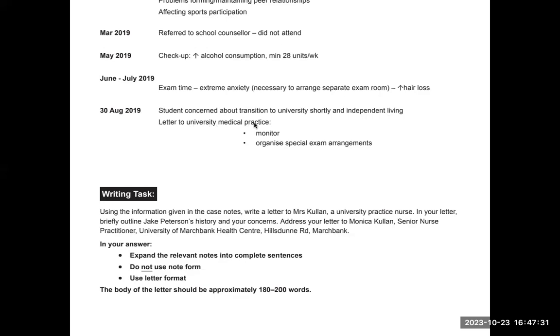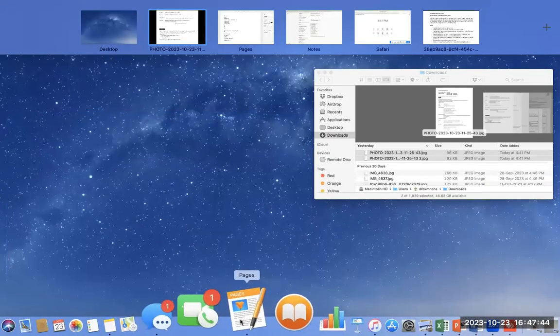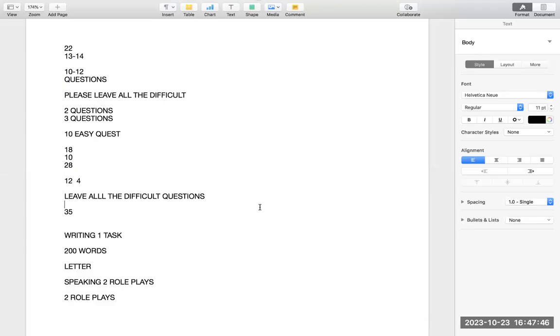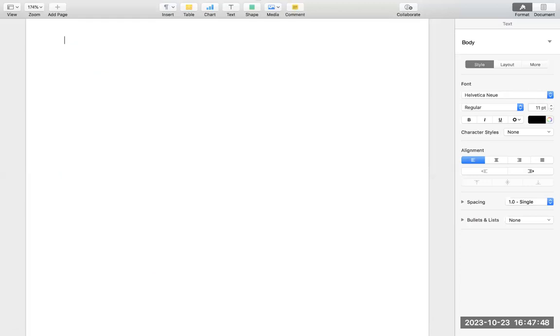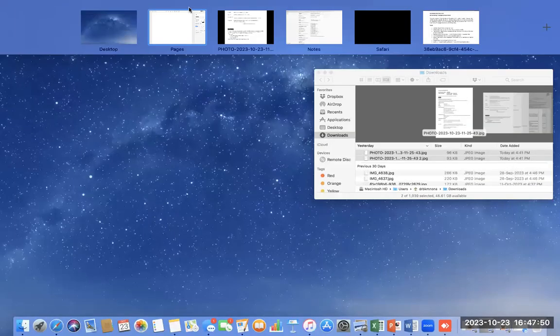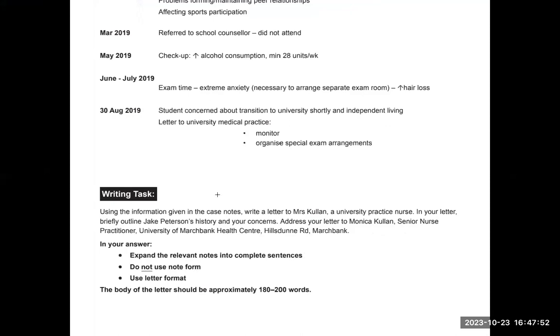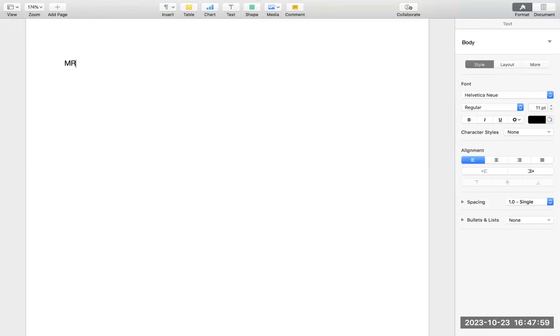So the letter is to the university medical practice to monitor him and organize special exam arrangements. So this is my main purpose. With this information, the purpose of the letter is all done. I'm taking the information from here and will tell you the complete letter, how to write it. It will take a bit of time, but not much.